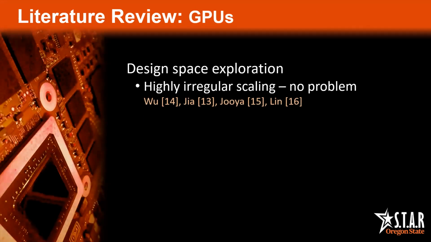Design space exploration in GPUs is a particularly promising application due to a highly irregular design space. While some kernels exhibit relatively linear scaling, others exhibit complex relationships between configuration parameters, performance, and power. One approach proposed by Wu scaled the number of compute units along with engine frequency and memory frequency.